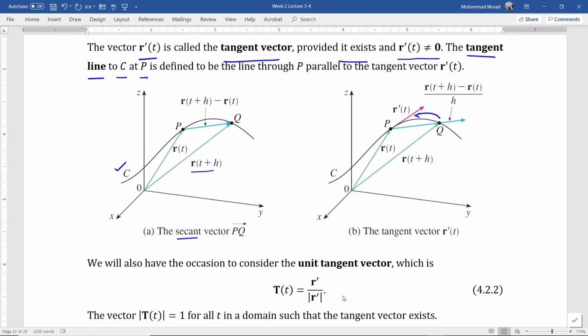We will also have occasion to consider the unit tangent vector, which is defined as shown in equation 4.2.2. Namely, T of t equals r prime over the magnitude of the vector r prime. The vector T of t has magnitude equal to 1 for all t in the domain where the tangent vector exists. Hence the name unit tangent vector.